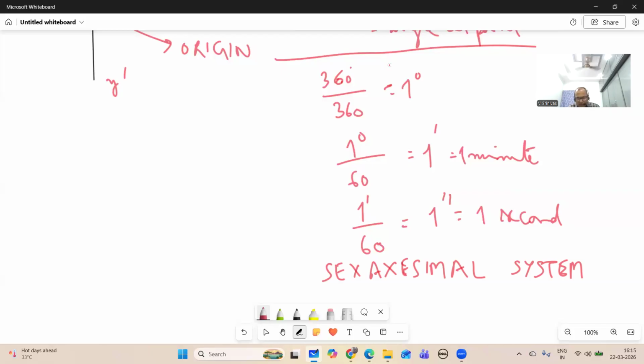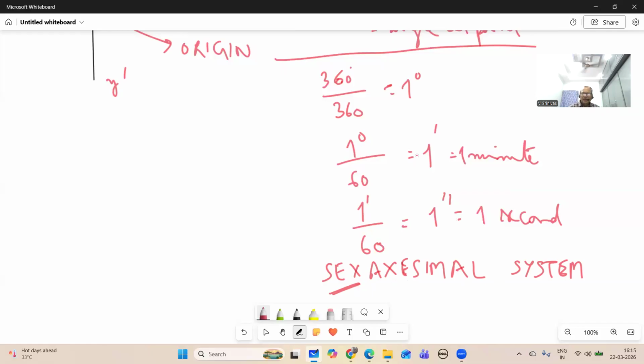Okay, this method of measuring angles is called sexagesimal. Sexa means 60. Here, 1 unit is divided into 60 equal parts. So it is sexagesimal. Decimal means 10th part. Sexagesimal means 60th part, 6 into 10.